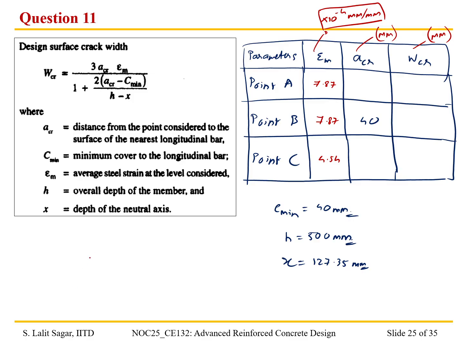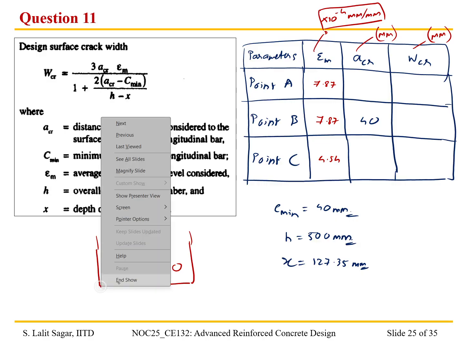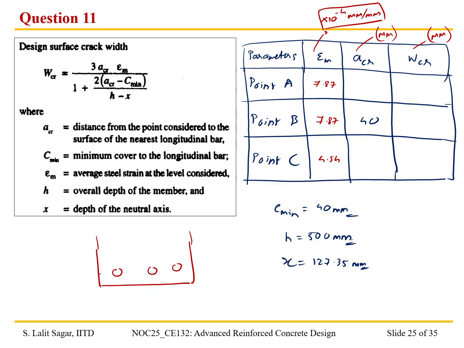Now let me draw a simple diagram, right? We have three bars. We need to calculate the distance from this point to the nearest surface of the longitudinal reinforcement.